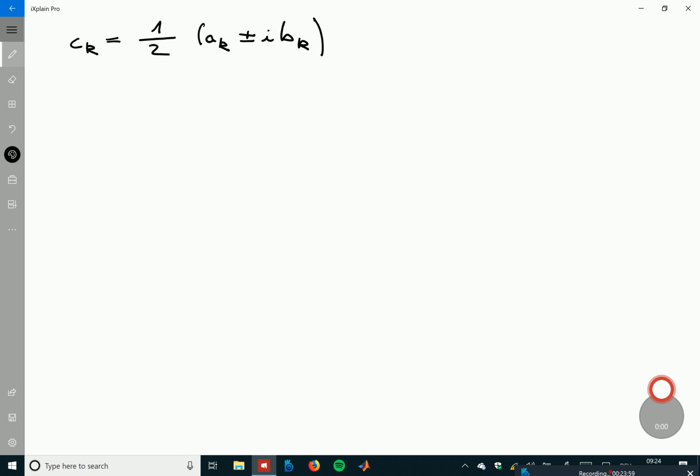Let me do it properly. It's minus if k is larger than 0. Maybe let's focus on them. It doesn't really matter, let's do all of them. A minus k, I just wrote them up so many times already.